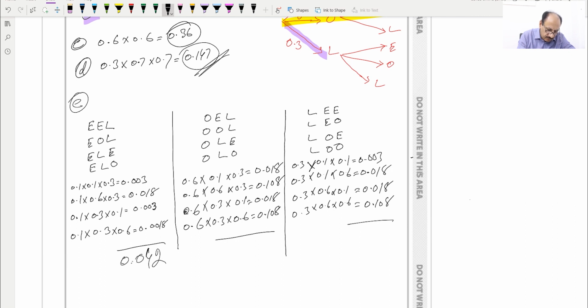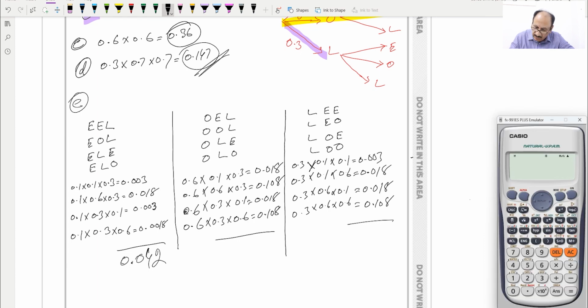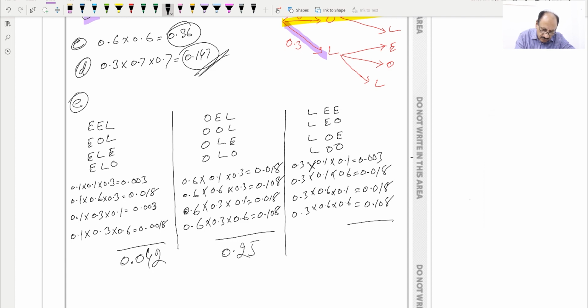0.042 will be for this sum, and the other one we can add: 0.018 plus 0.108 plus next will be 0.018 plus 0.108, and this will be resulting to 0.252.